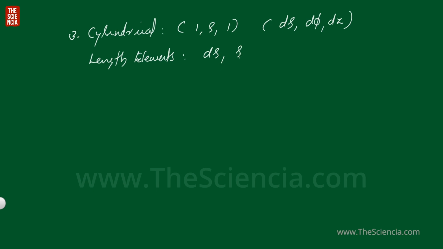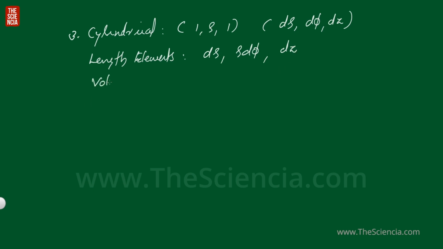In the cylindrical coordinate system, the metric elements are 1, rho, 1, and the coordinates are d rho, d phi and dz. Then what will be the length elements? It will be h1 du1, that is d rho, h2 du2, that is rho d phi, and h3 du3, that is dz.